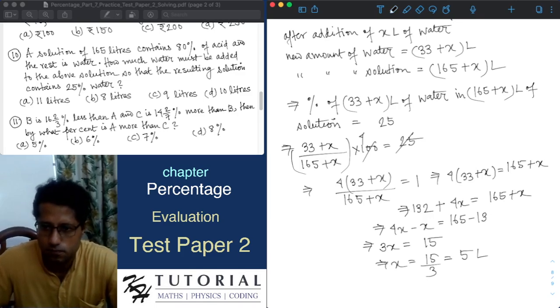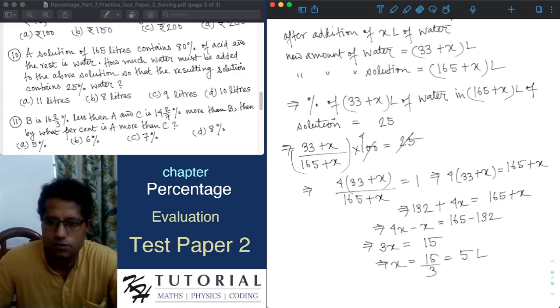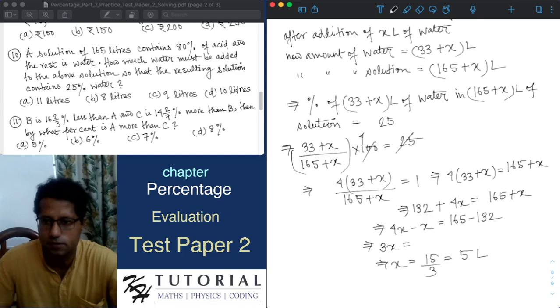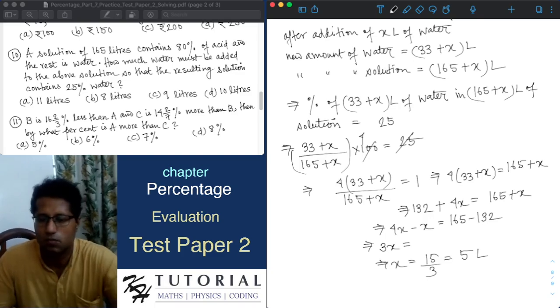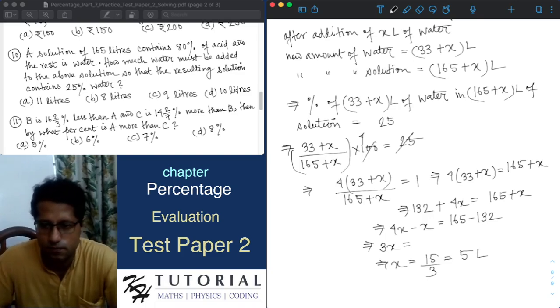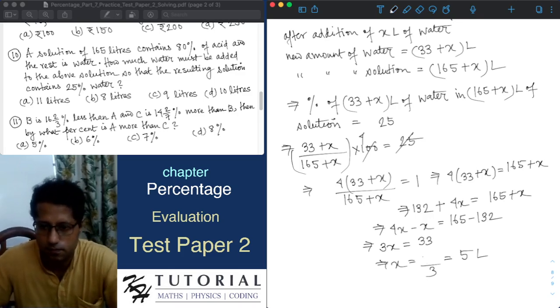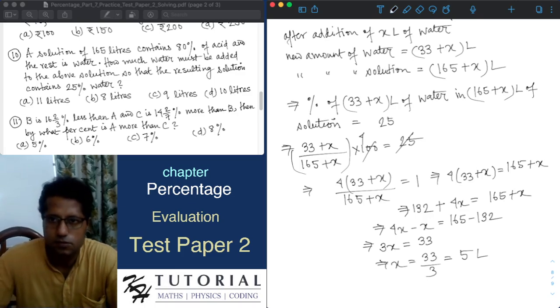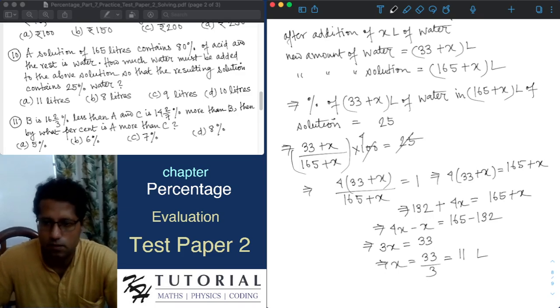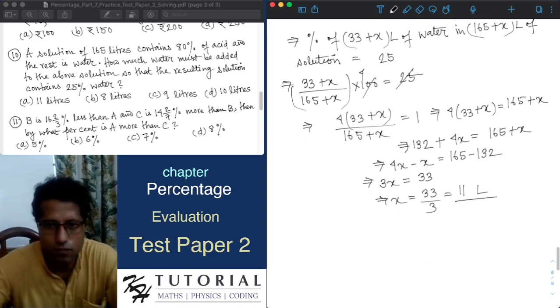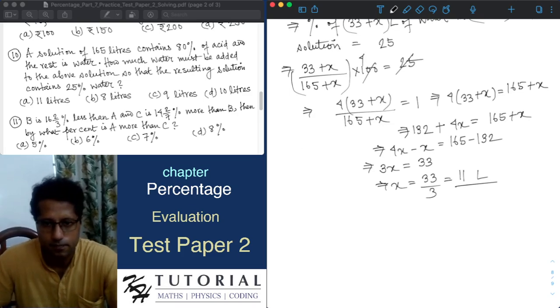And 165 minus 132 is how much? 33. So x is 33 divided by 3, which is 11. So 11 liters of water must be added. So the correct choice is choice A.